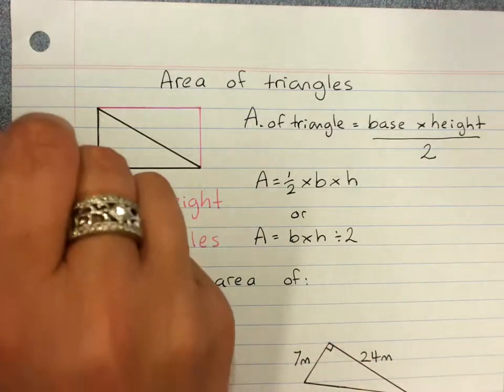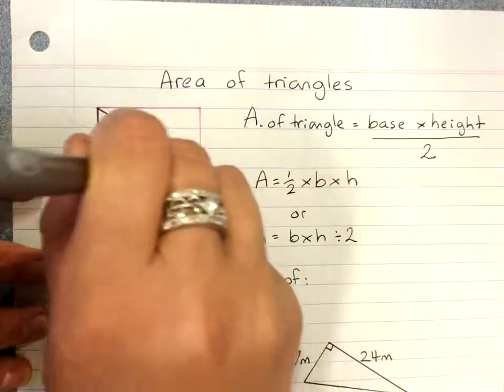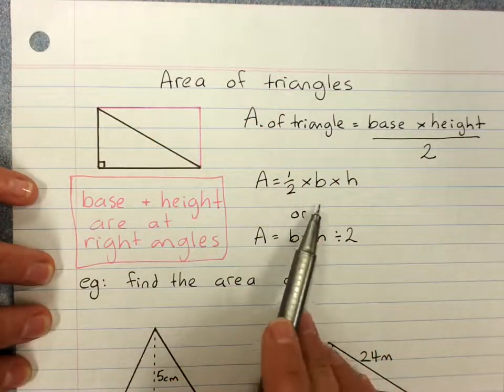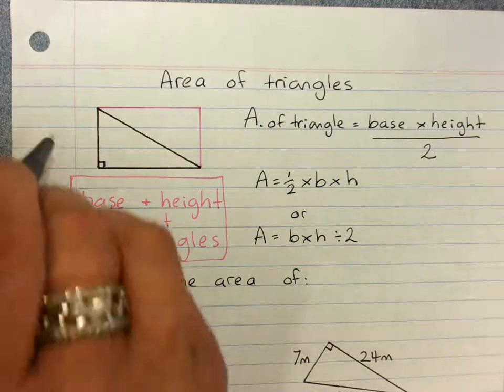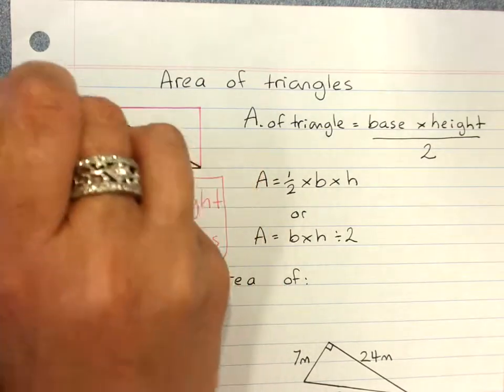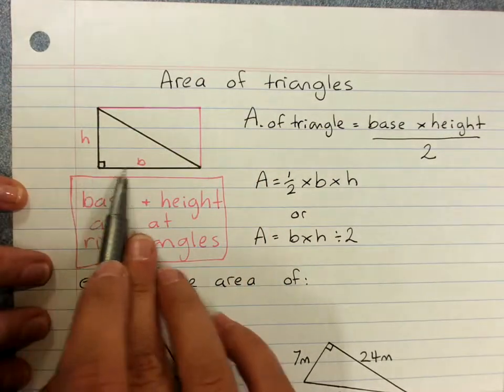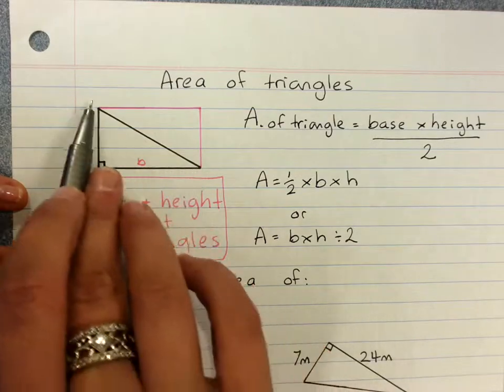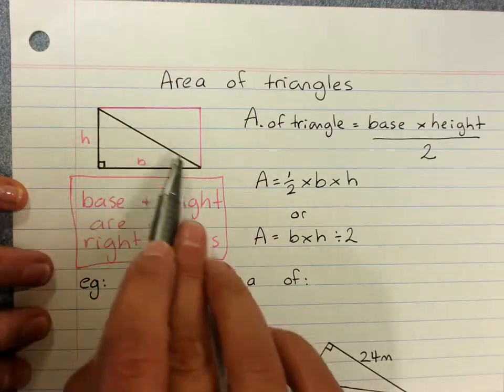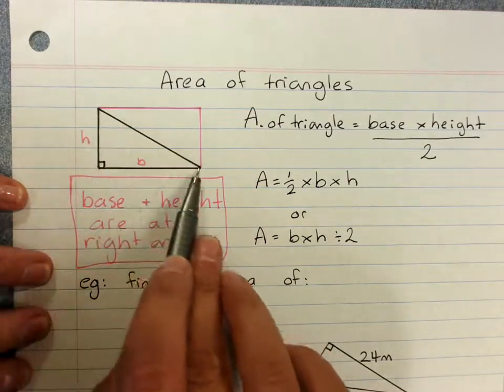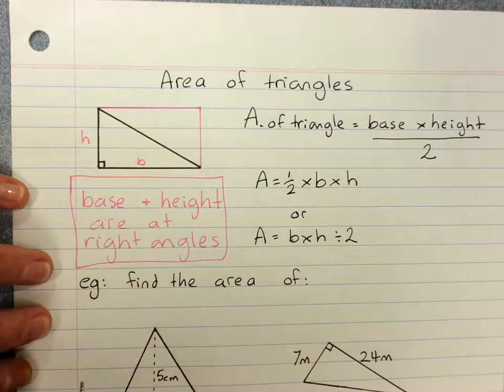So when you're finding the two dimensions that you need to use this formula, the base and the height, it's going to be the ones that are at the right angle. This one here doesn't have a right angle touching it, so this part of the triangle isn't needed.